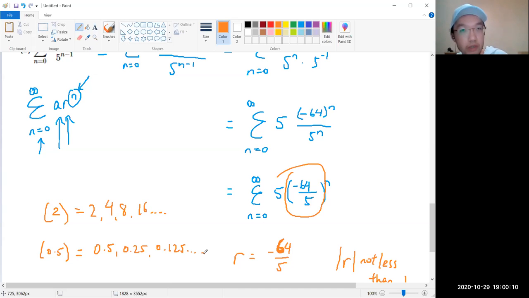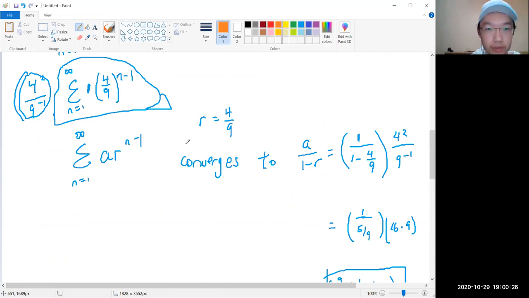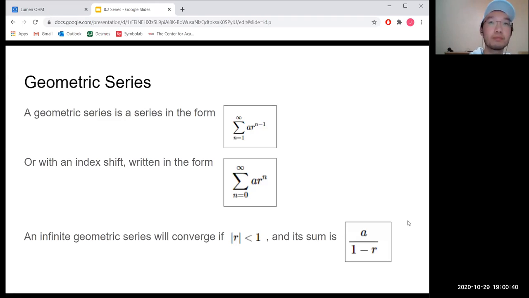Would r equals 1 also converge? I don't think so. Let me go back to the PowerPoint and see the definition again. The PowerPoint says that r strictly has to be less than 1.